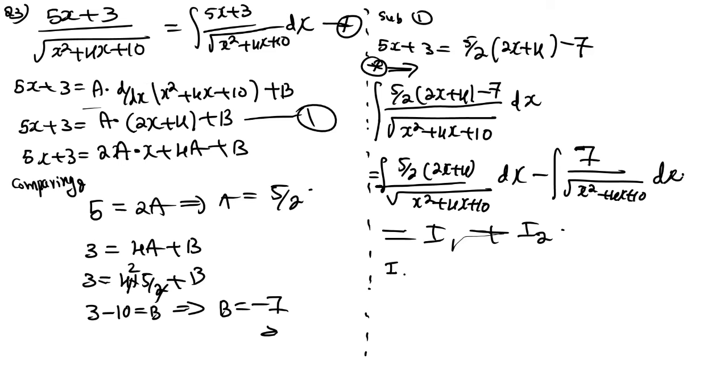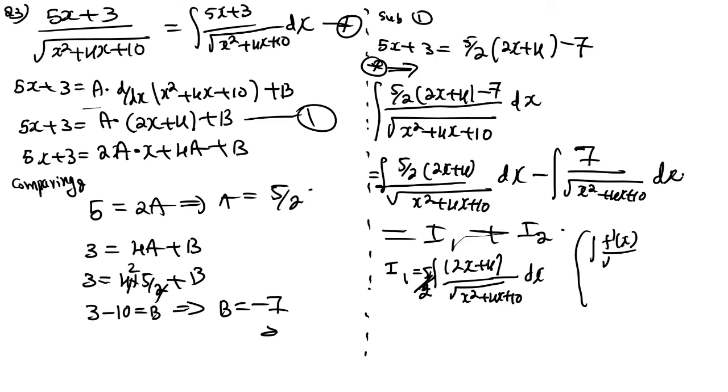Consider I1 is equal to, keeping 5 by 2 outside, 5 by 2 into integration of 2x plus 4 divided by square root of x square plus 4x plus 10 into dx. Again use the formula: integration of f dash of x divided by square root of f of x is equal to 2 into root f of x.